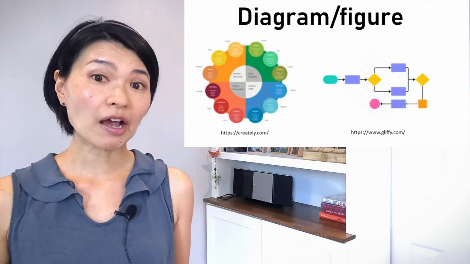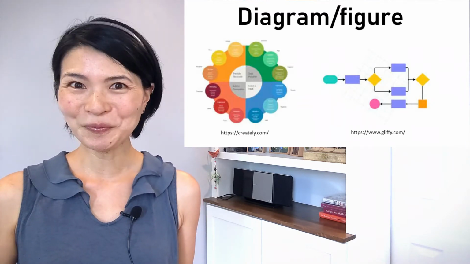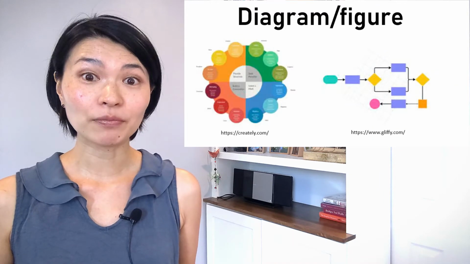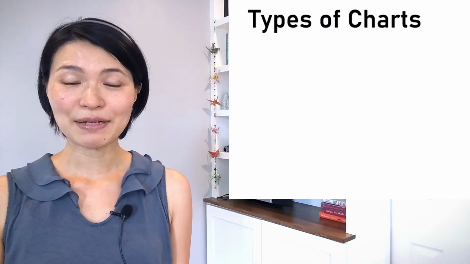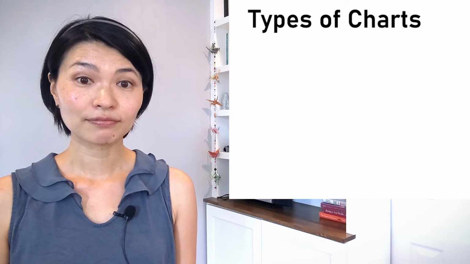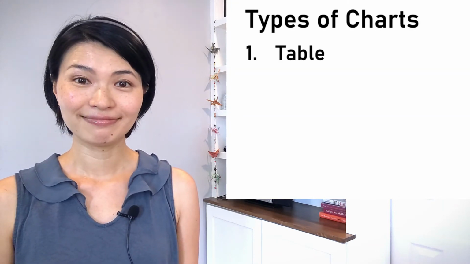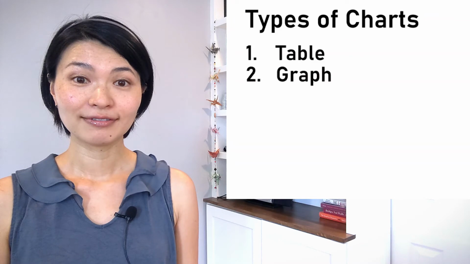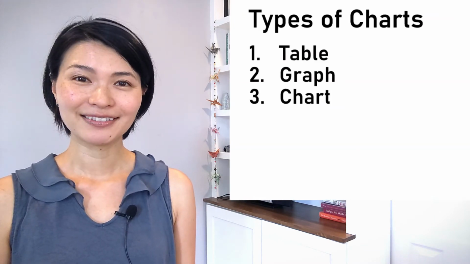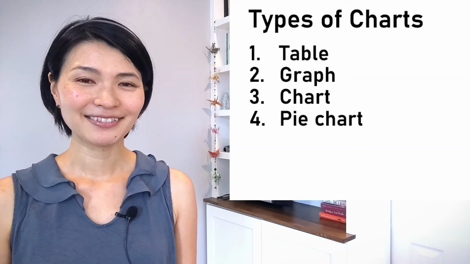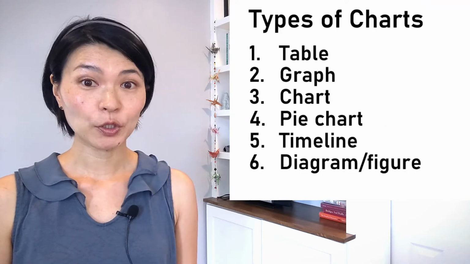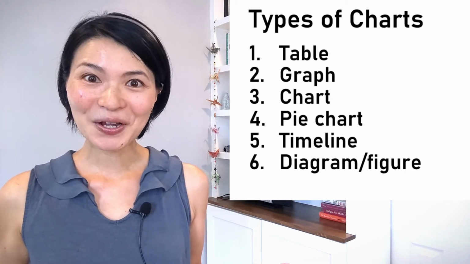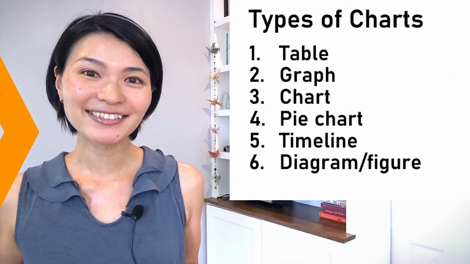If it's not a graph or chart that you know, just call it a diagram or a figure. So the 6 names you should remember are table, graph, chart, pie chart, timeline, diagram, or figure. Now you know what to call your charts.